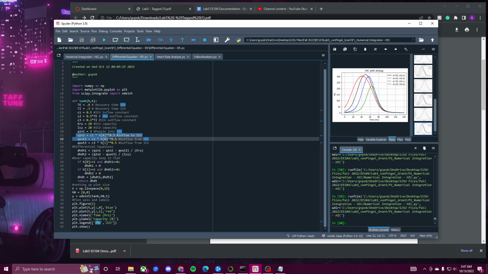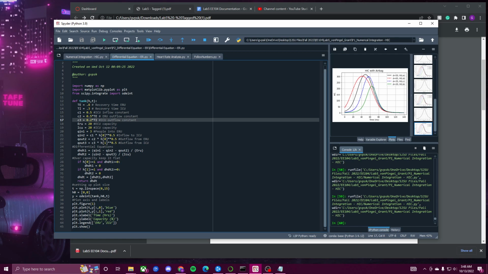And so this is Q in. So this is also inflow to the ICU. These are the inflow constants, and this is the full inflow, and this is the outflow to the ERU. This is the outflow of the ICU with the different constants, and also this formula right here, the H naught and H1 to the square root, pretty much.